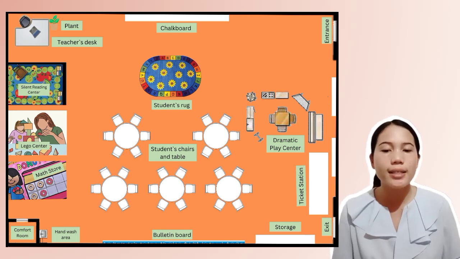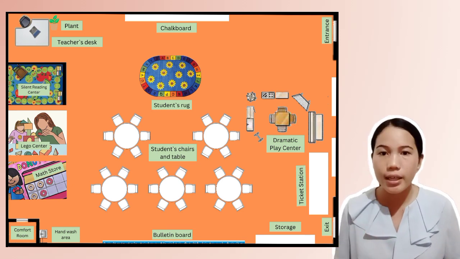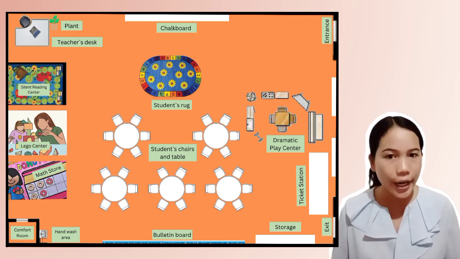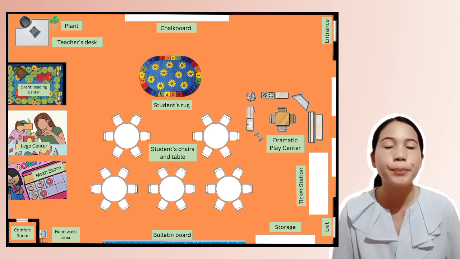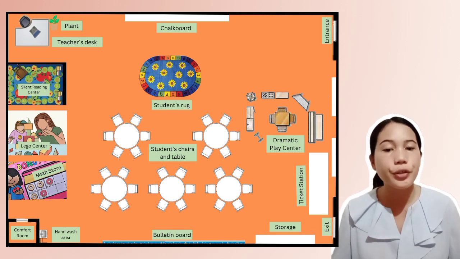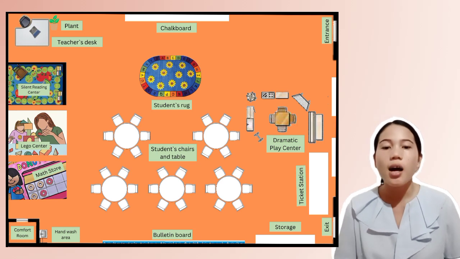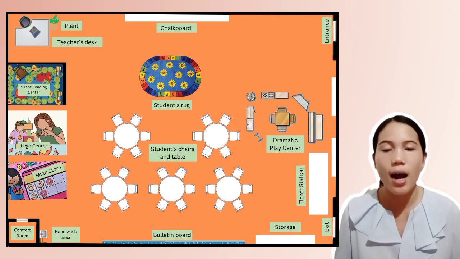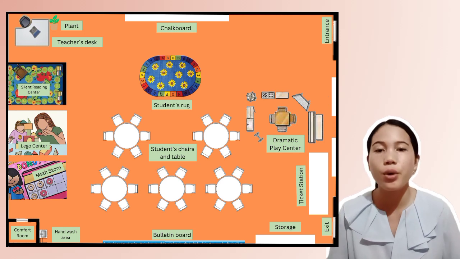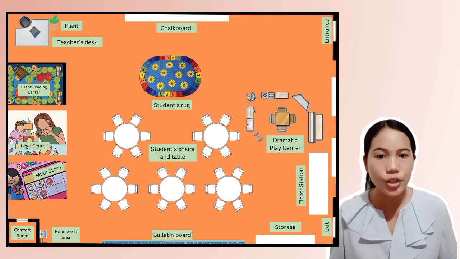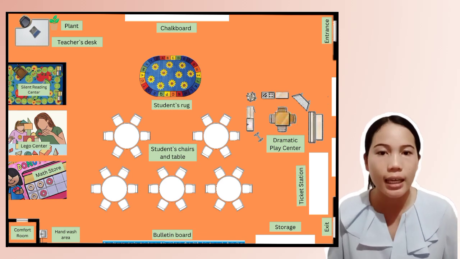Now, as you can see, at the center of this classroom layout are the chairs and tables for the pupils. In front of the students' chairs and tables is the students' rug. It is perfect for those pupils who have interpersonal intelligence and bodily kinesthetic intelligence.